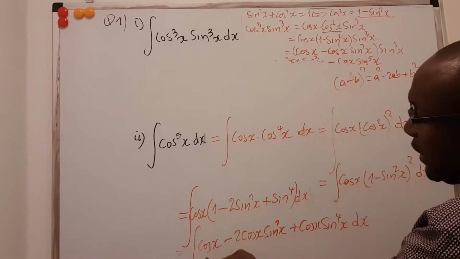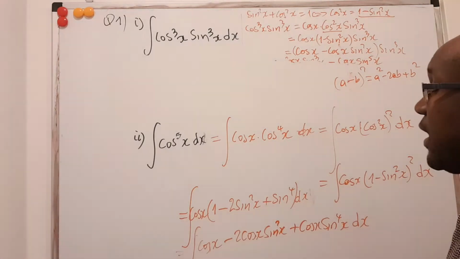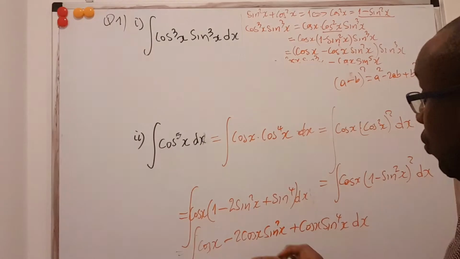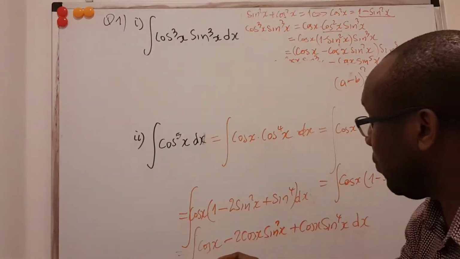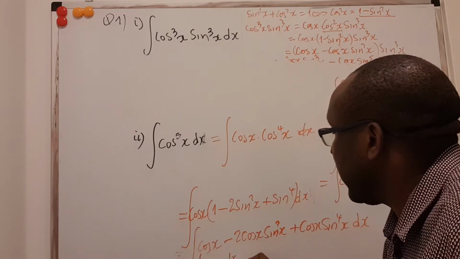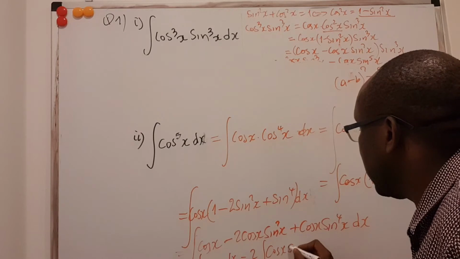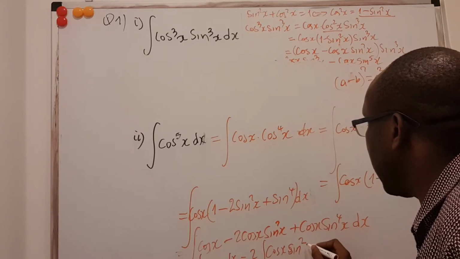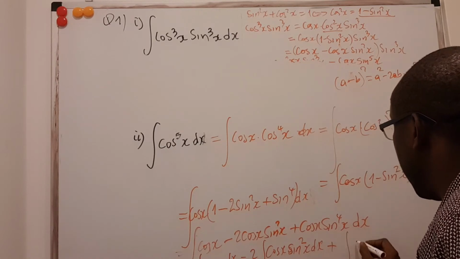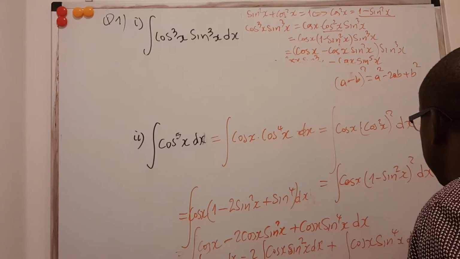I can play with this one, the integral here. I can also write this as sine to the power 0 if you want to do that, and you will still get the same version of what you need here. So we will see that you come back to that form once you split out your integral. I get the integral of cos x dx minus 2 integral of cos x sine squared x dx plus integral of cos x sine to the fourth x dx.